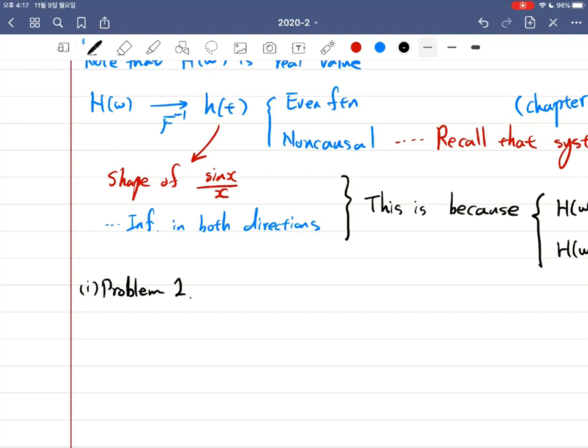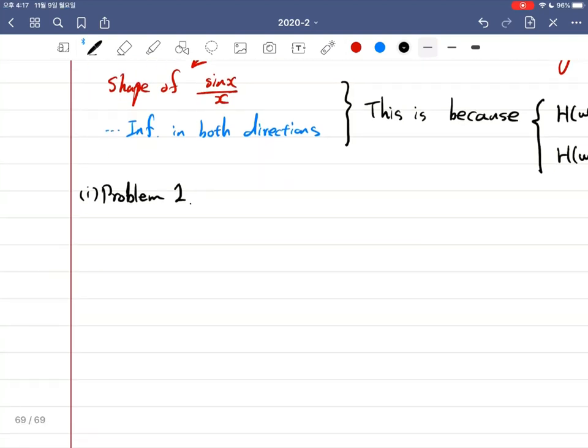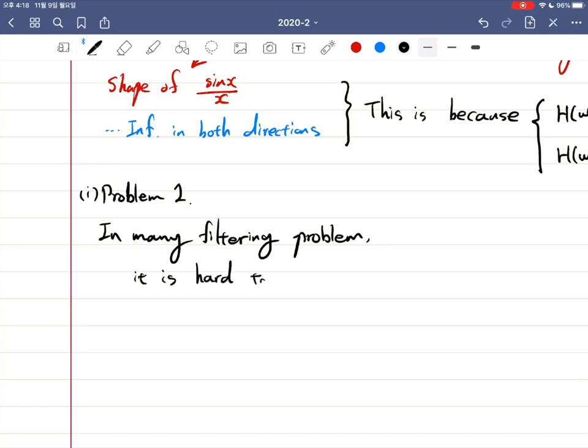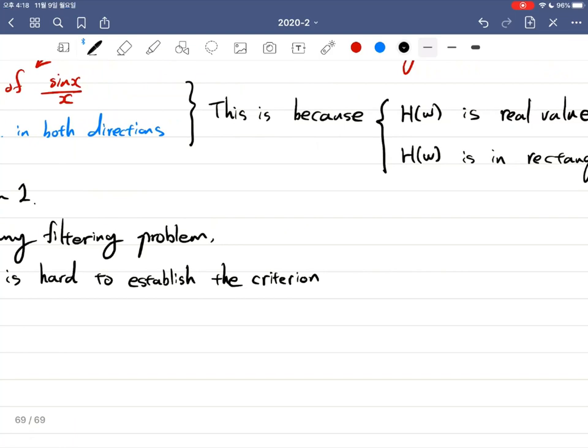So the first problem of the ideal LPF is that in many filtering problems, it is hard to establish the criterion where to cut the frequency.